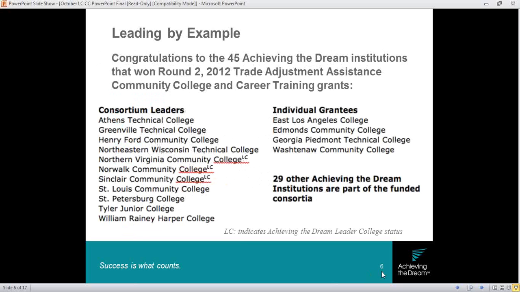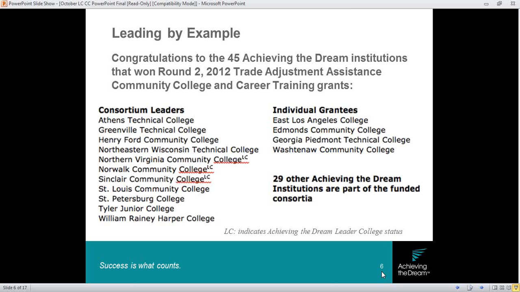The next leading by example that we want to call out is that we had a very large number of Achieving the Dream institutions included in the second round of Trade Adjustment Assistance Community College and Career Training Grants, also known as TAACCCT grants. There are many on your screen right now that are in the consortia or have individual grants of their own, but there are also 29 other colleges that are part of other consortia that got funded.